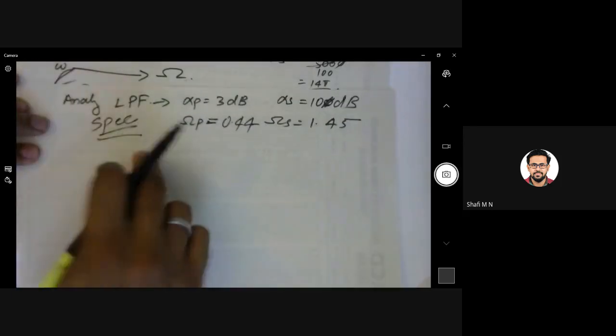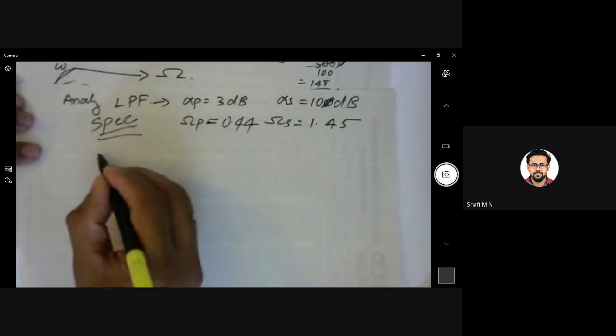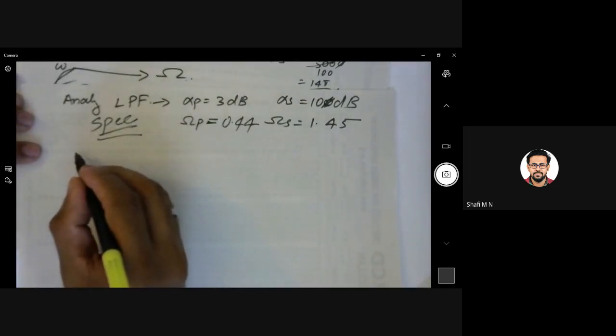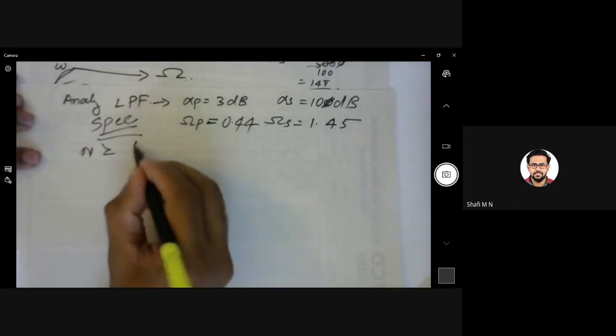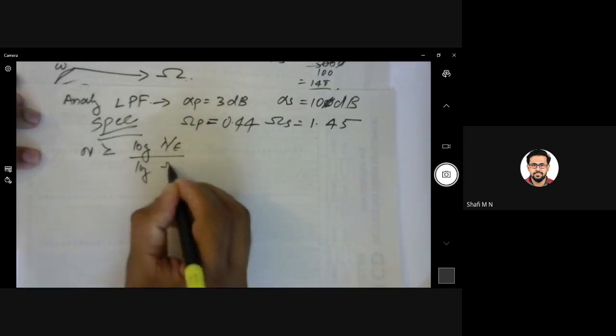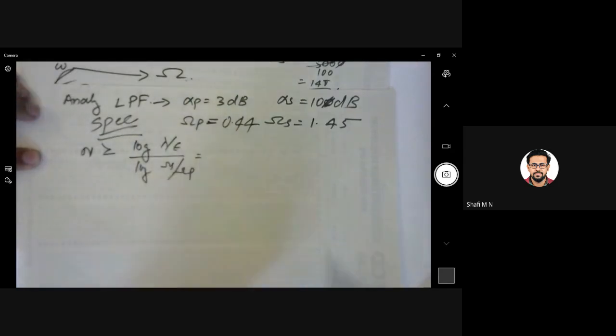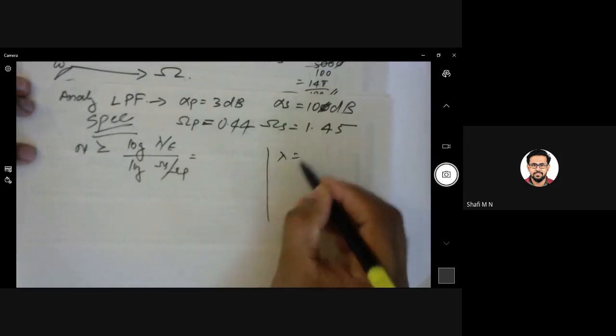Now stick to this. I'm saying that this is the low pass filter specification. What is the first step? Order. Just use the equation: log of lambda by epsilon divided by log omega s by omega p. So using alpha p and alpha s, find the values of lambda and epsilon.